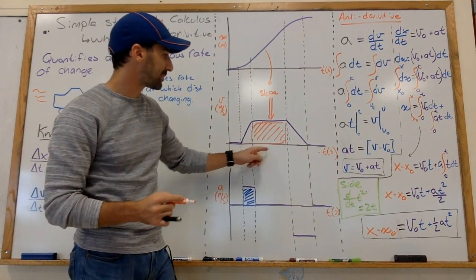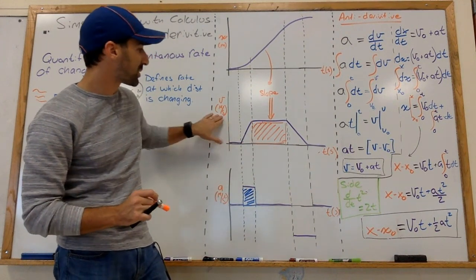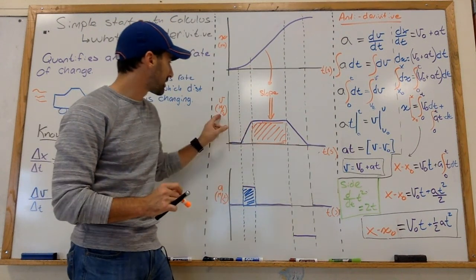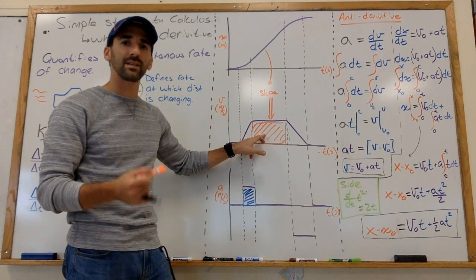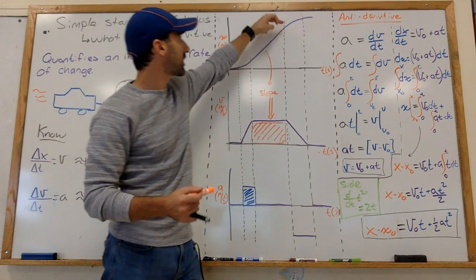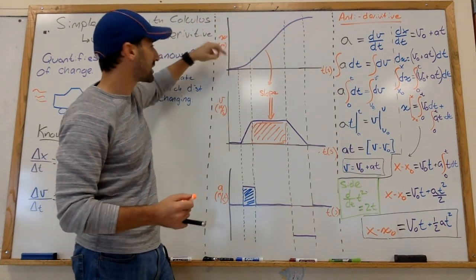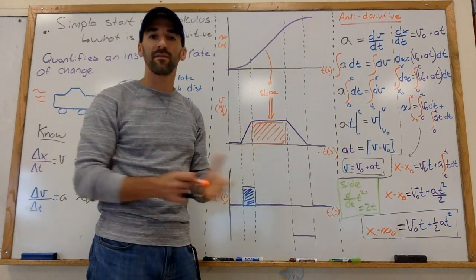The area is base times height. I can look at the triangles too, 1/2 base times height. But I have meters per second times seconds. Well, meters per second times seconds is just a meter. So the area under this curve is how far did I go? This would correspond with exactly how far I went in that given time. Started there and ended there, subtract, and I know how far I went.